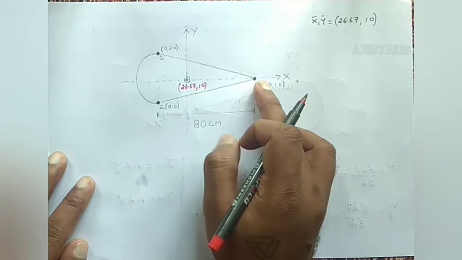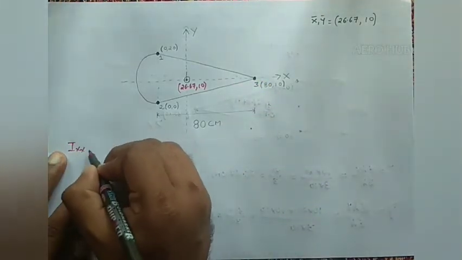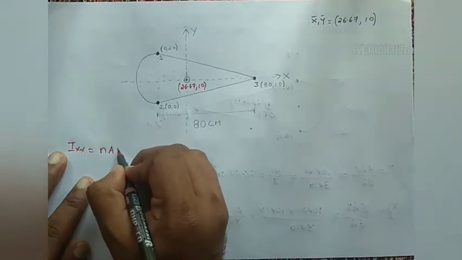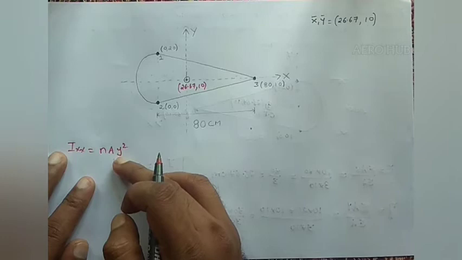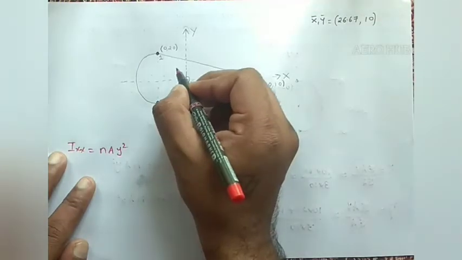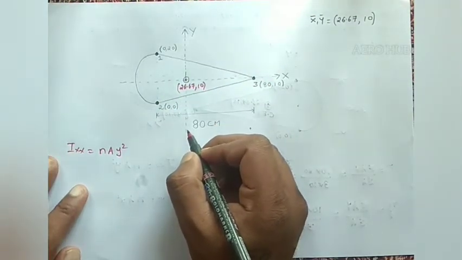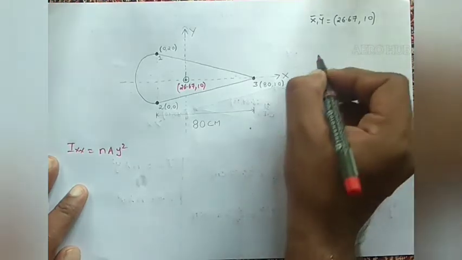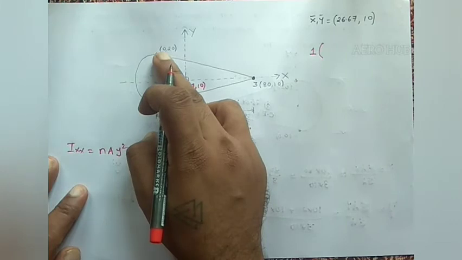We are aware of the formula Ixx is equal to n into a y square, where y is the distance of the boom area from the neutral axis, the centroidal axis. Now for point 1, the x and y coordinate with respect to the reference axis is 0 and 20.